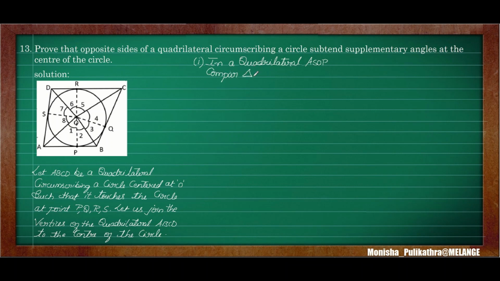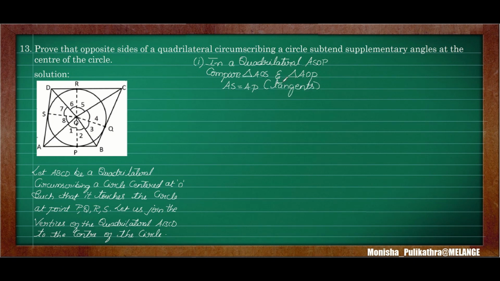Compare triangle AOS and triangle AOP. Okay, so in these two triangles what are the equal things? AS is equal to AP, because those two are tangents drawn to the circle.